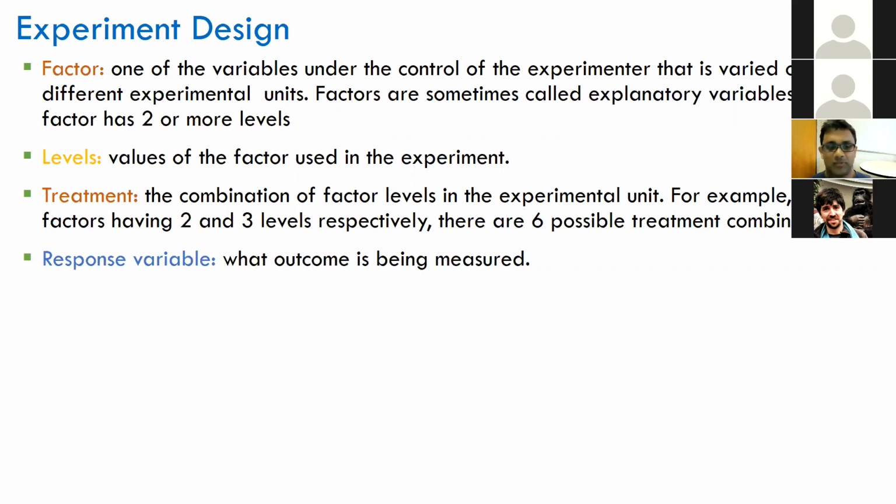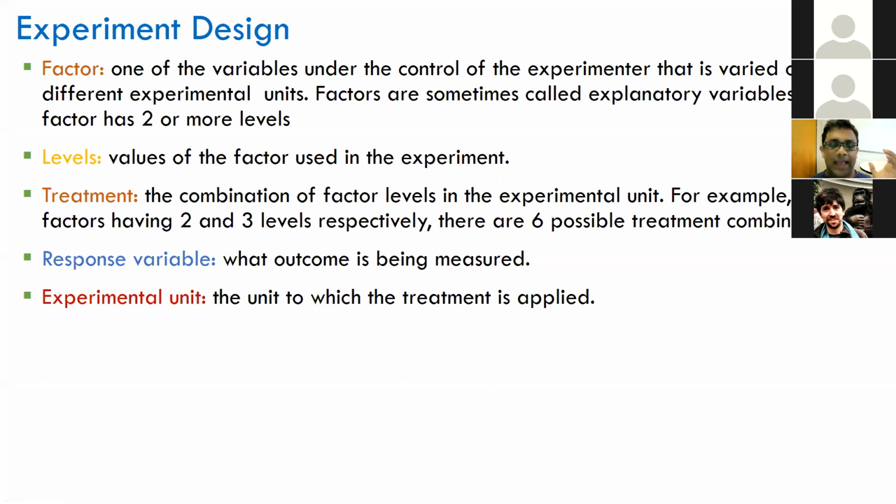And then you already know the response variable, the variable that you measure. The important thing is the experimental unit. The experimental unit is the unit to which you apply your treatment, the combination, right? This is really important because most students cannot distinguish their experimental unit.